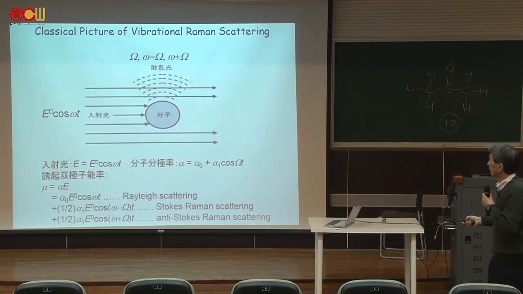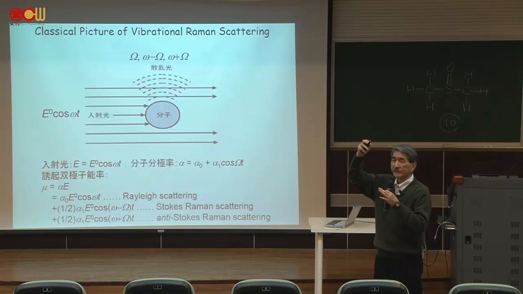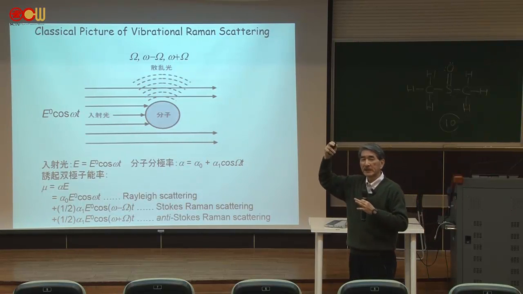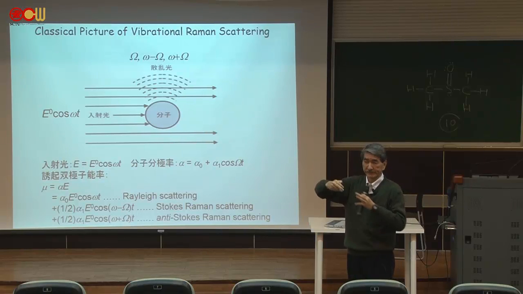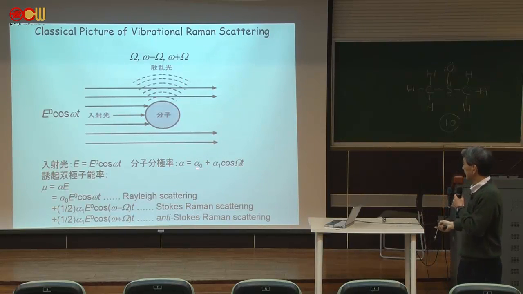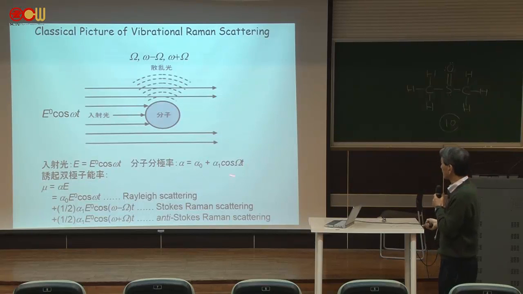And the polarizability can be expressed like that because molecules are vibrating. If the molecules vibrate, then the volume changes. Okay? So the polarizability is expressed as the sum of the constant part and also the oscillating part, because the volume changes with time, like this.